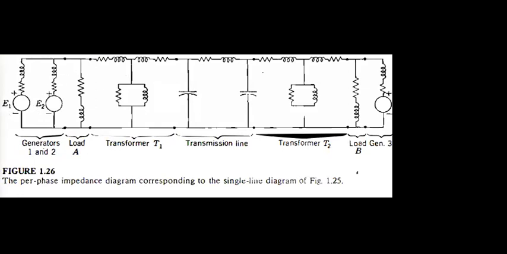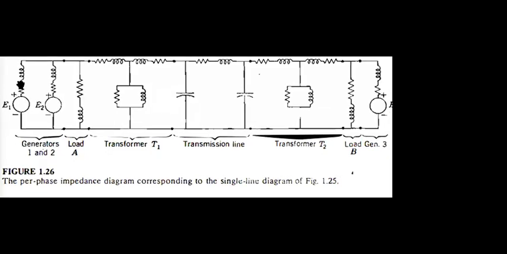If we split the diagram up to this point, what is there? We have two generators, right? That generator has a neutral path, grounded, and in the generator you have the internal resistance and impedance, that means the reactance, as well as for the load, the resistance and inductive load.